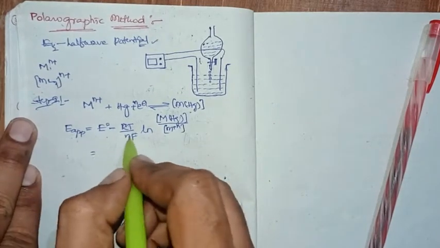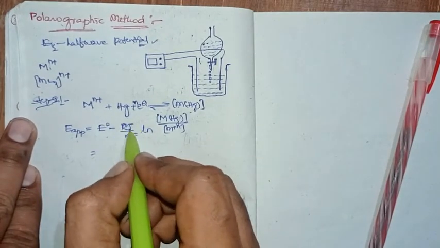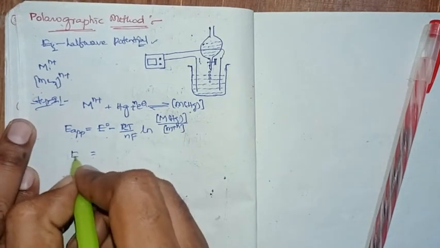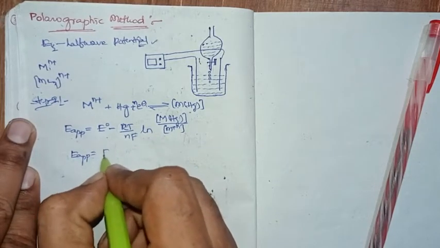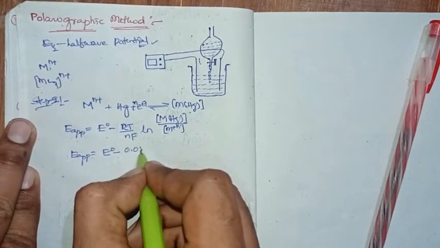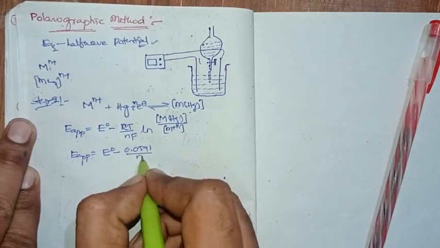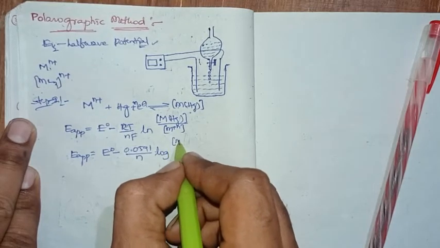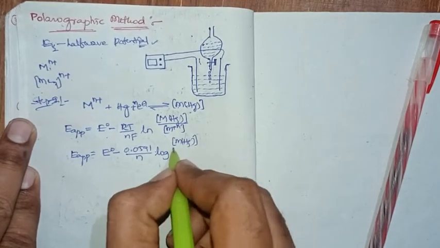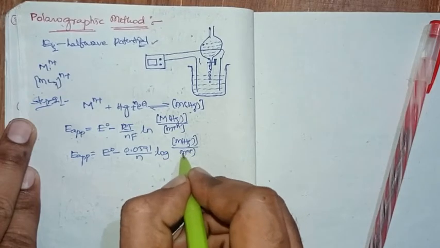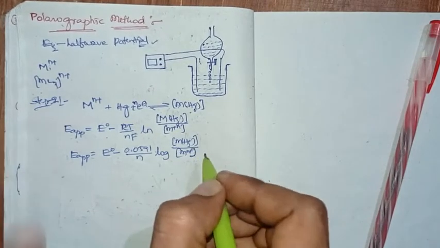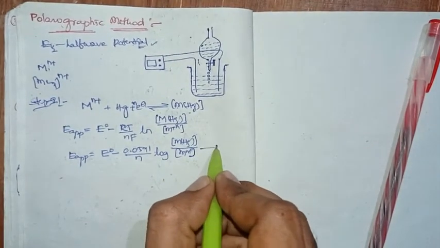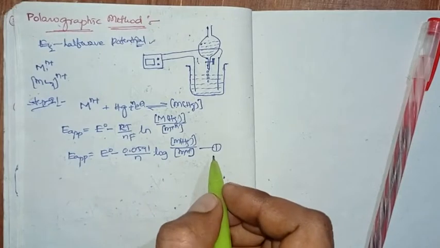So in simplification, substituting all the constant values, E applied equals E naught minus 0.0591 by n into log of the metal mercury concentration divided by the metal ion concentration, right. We can call this equation number 1, right.